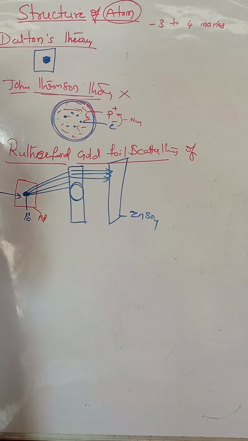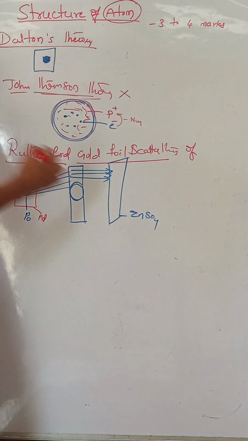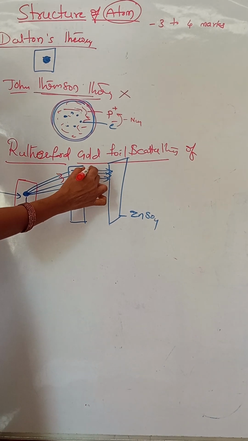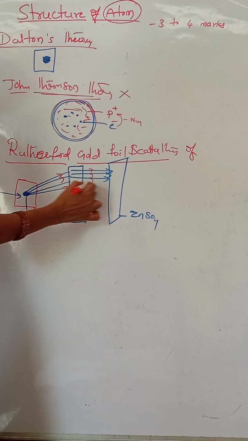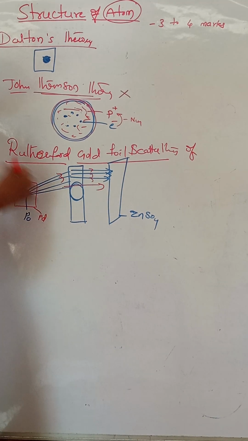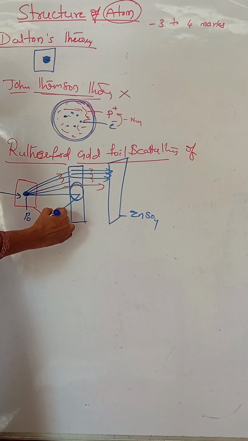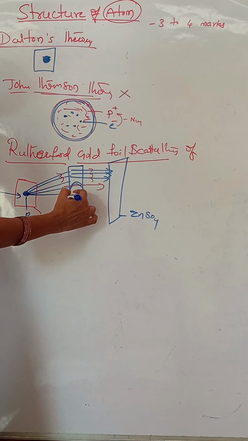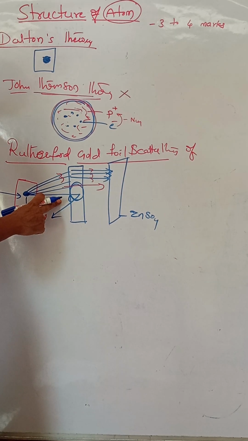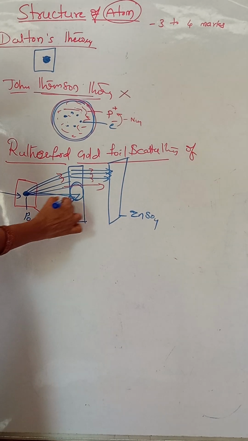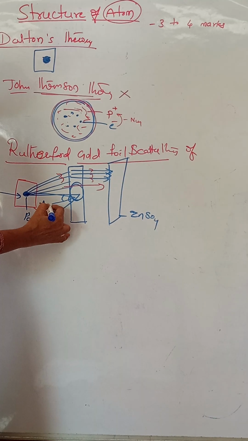Most of the alpha rays go through the gold foil. Some rays are deflected at a large angle, some rays are deflected at a small angle.